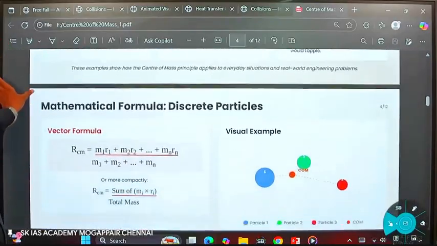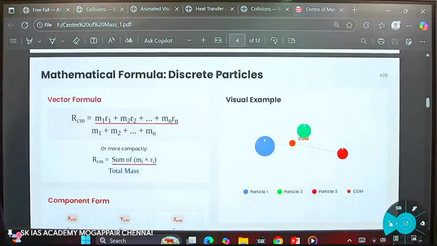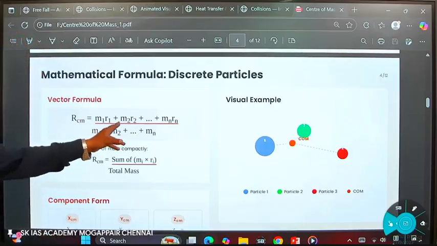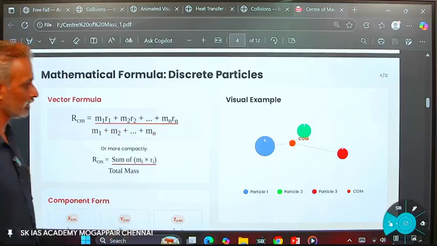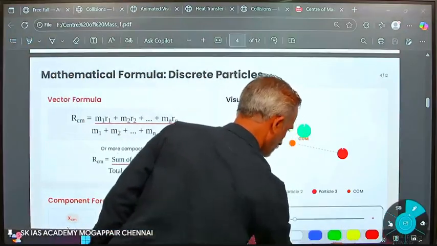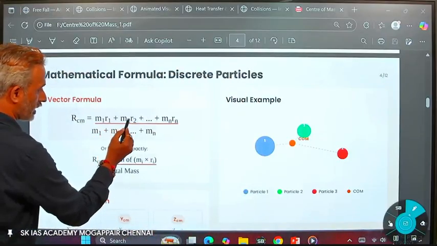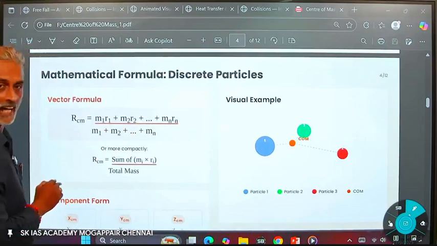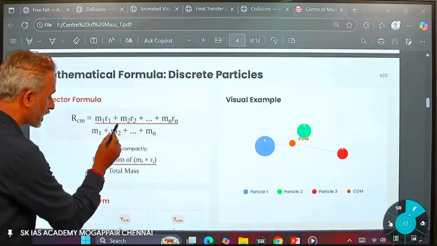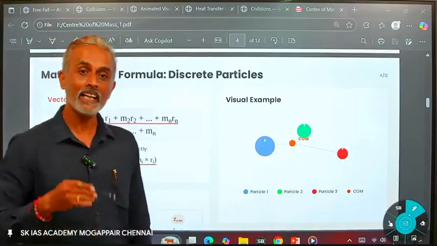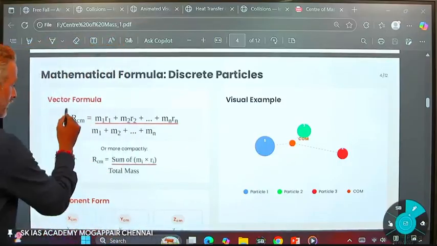Mathematical formula. I think you know the vector formula they told you: m1 r1 plus m2 r2, up to mn rn, divided by m1 plus m2 plus up to mn. This is what?